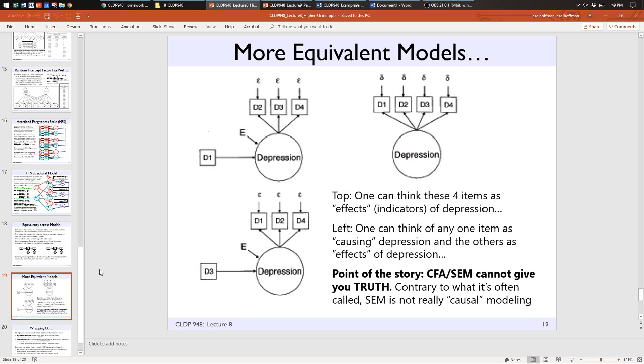And there's still the downside of just having a single item. Well, you could think of that as a subscale instead. But the premise is that these models all specify the same pattern of covariance among these 4 boxes. So you can't use fit to decide which one is right.